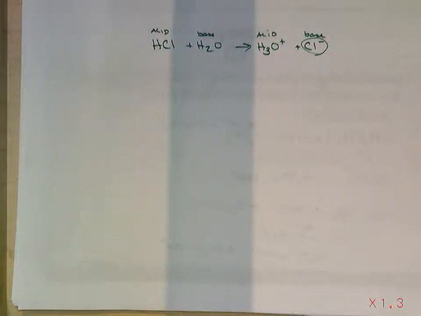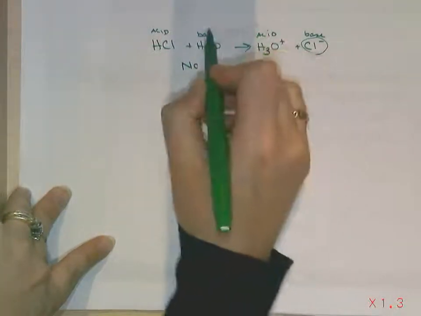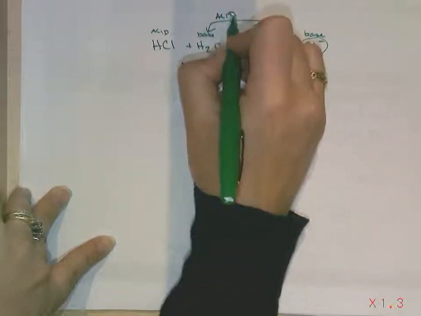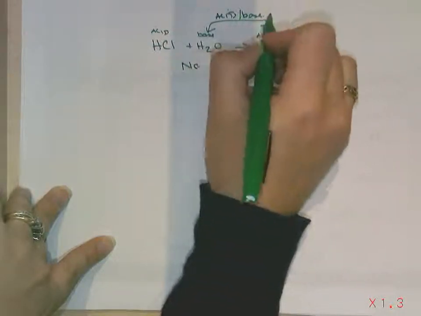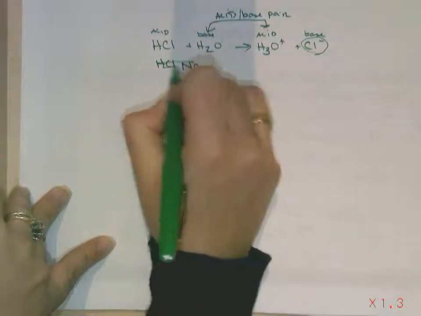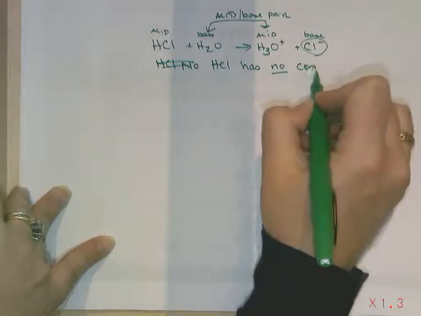So this is a conjugate acid-base pair, but I mean that's just water. HCl doesn't have a conjugate base, because chlorine minus, we would never consider that to be a base.